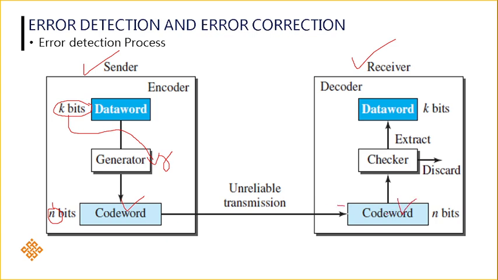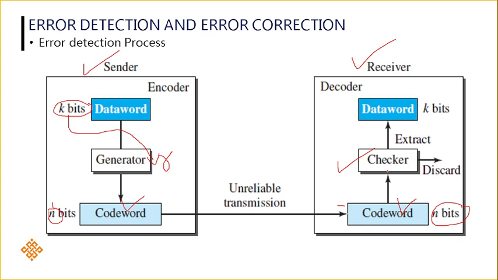The receiver will receive the code word of n bits. It may be the same code word or it may be altered. So the functionality of the checker is to identify whether the code word received is correct or not. It will apply any one of the techniques. We have different types of error detection techniques, maybe a simple parity check, multi-parity check, CRC, Hamming codes, or checksum.